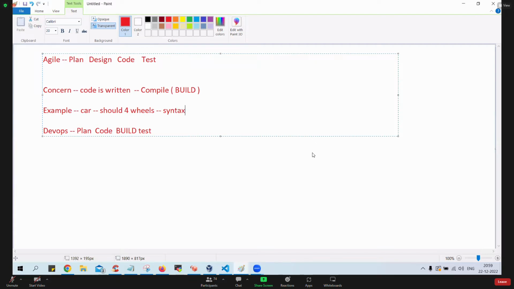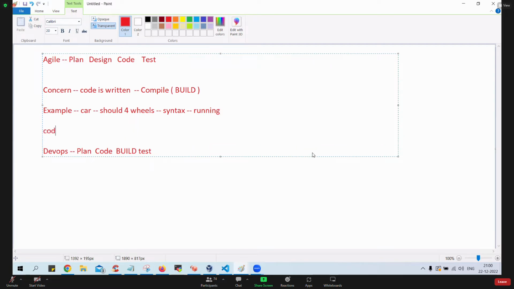Likewise here, a car should run with 4 wheels. If you try to run the car with 3 wheels, is it going to work? Tell me guys, is it going to work? Definitely not, we know it. So the first premise is we need to have the 4 wheels in place. And when you start the car, we check whether it is running or not, whether it is moving forward or not. So that's an example there.